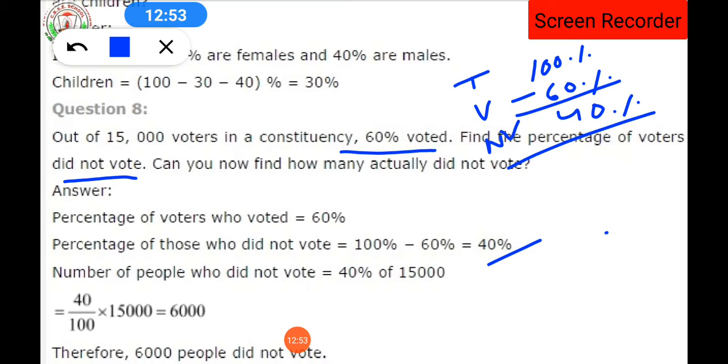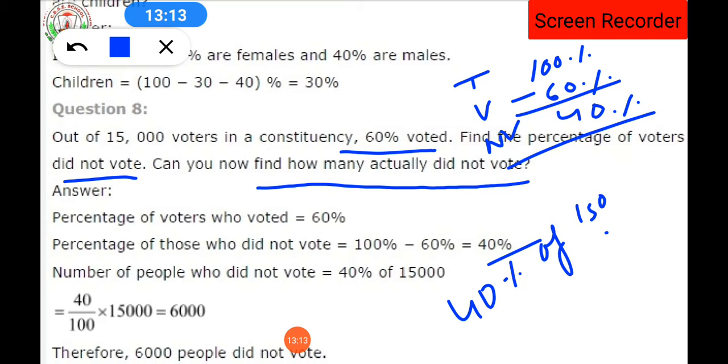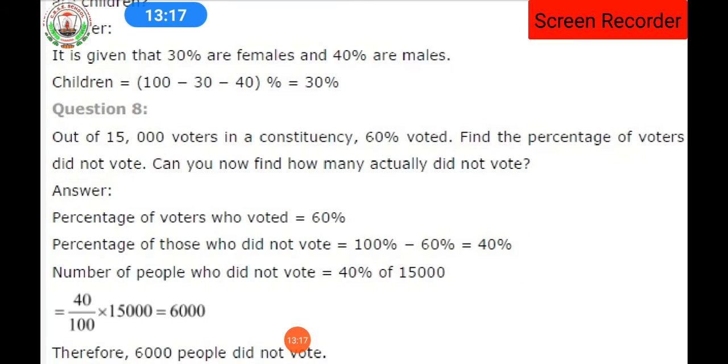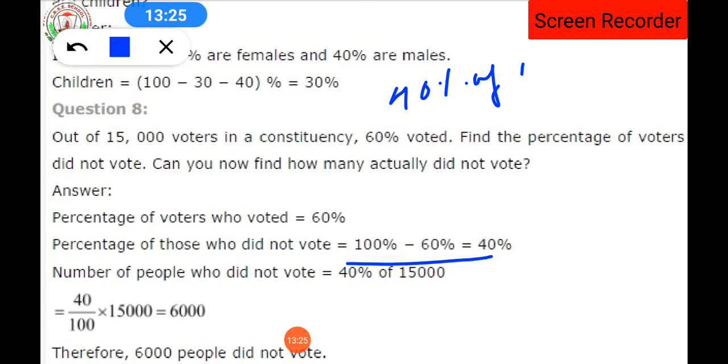Now the question says, can you now find how many actually did not vote? Here we have to find the number of voters who did not give votes. For that, we need 40% of the total voters. How many total voters are there? 15,000 total voters. So 40% is the share who did not vote. So we have to find 40% of 15,000.